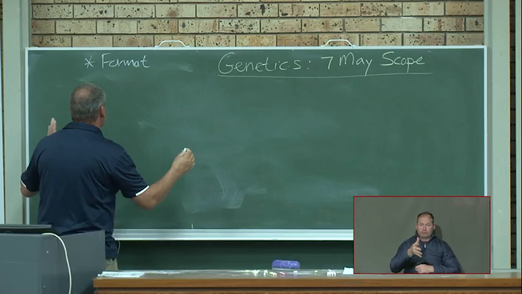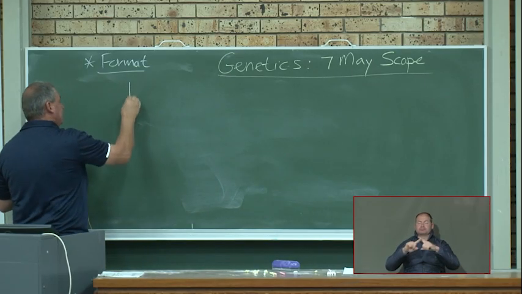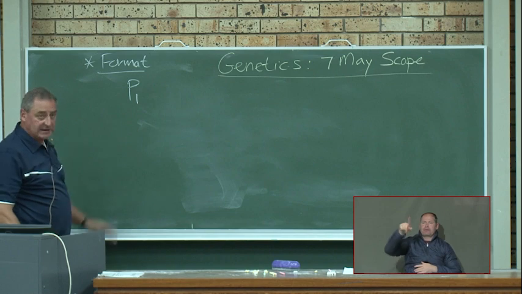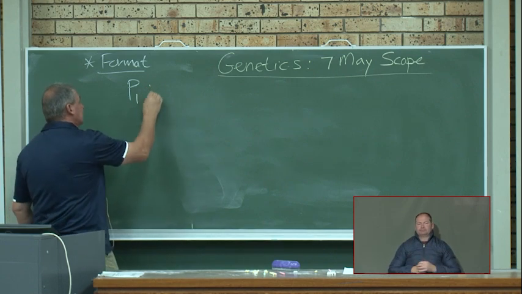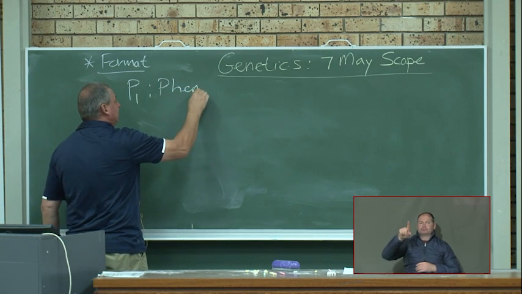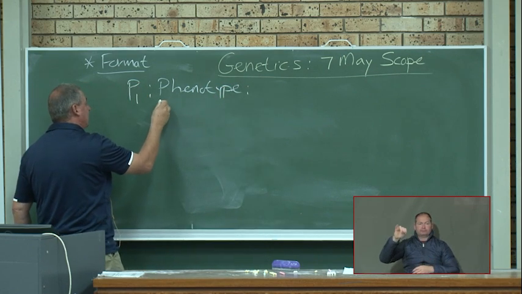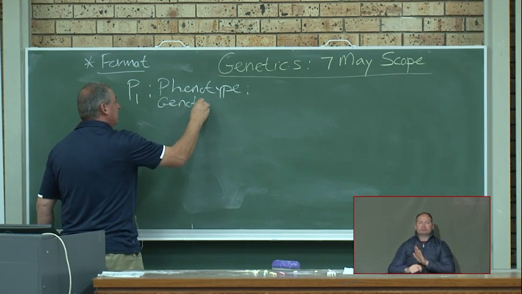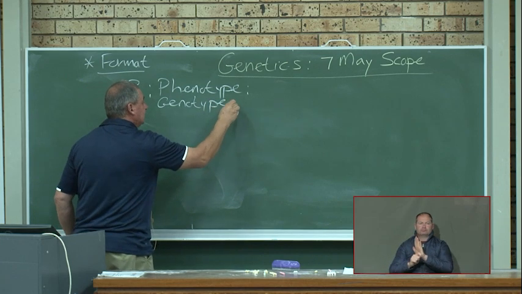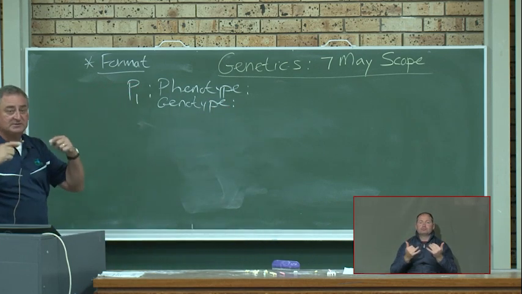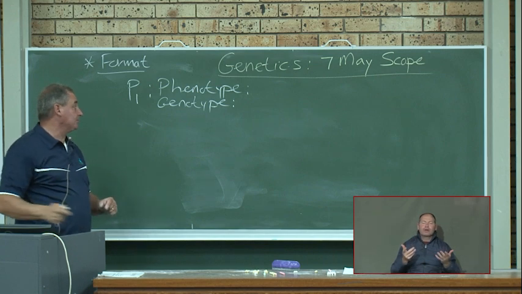So this is the way to write it. P1 are the parents. I must write P1. Then I summarize for the marker the phenotype, and I must summarize for the marker the genotype. Where do I get this information from? It's in the question paper. I'm not using my intelligence, I'm just using the question paper.